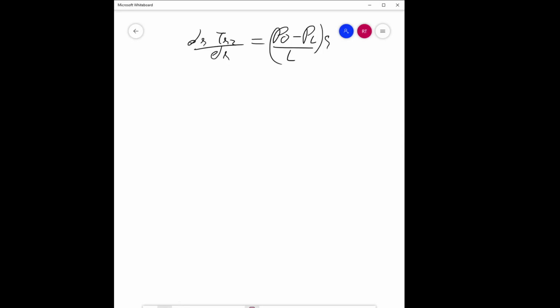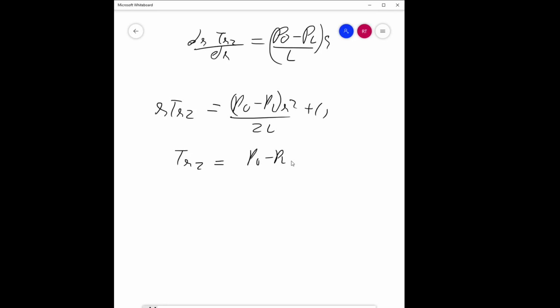Okay, and now you have this. Let's start doing the integration. So r tau_rz would give you (P0 minus PL) r square by 2L plus C1. So tau_rz is equal to (P0 minus PL) r by 2L plus C1 by r.